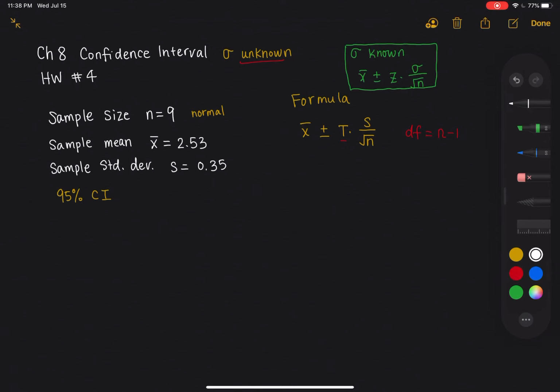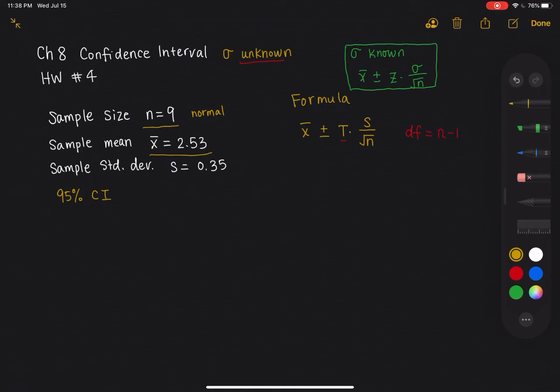Now let's recap. What do we know? Then we can apply the formula. We know the sample size n is 9. We know the sample mean x bar is 2.53.